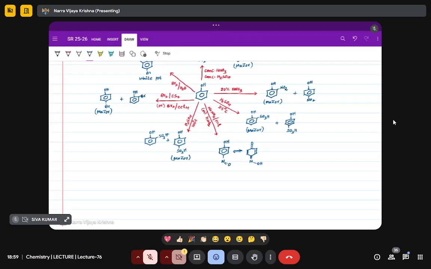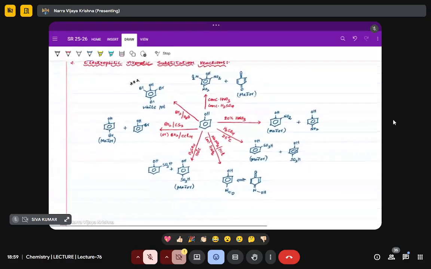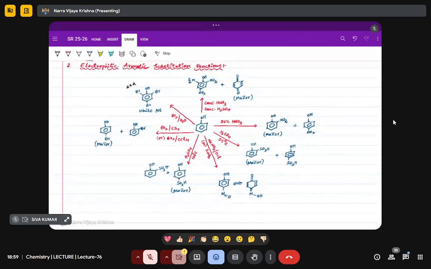So these are the products. Most of the electrophilic substitution reactions are done. Then nucleophilic substitution reactions. Completed.